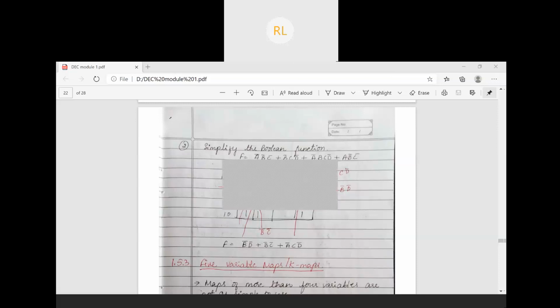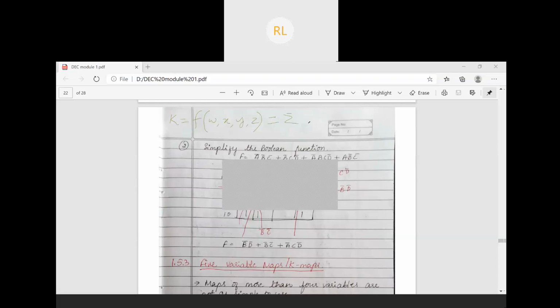So my problem is K is a function of W, X, Y, Z. What clue do you get from here? That it is actually a 4-bit function, isn't it?